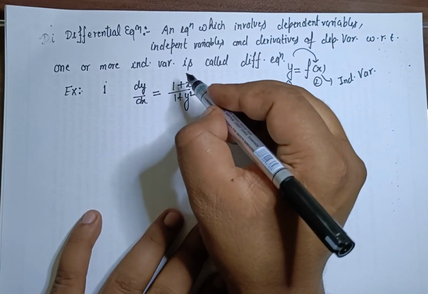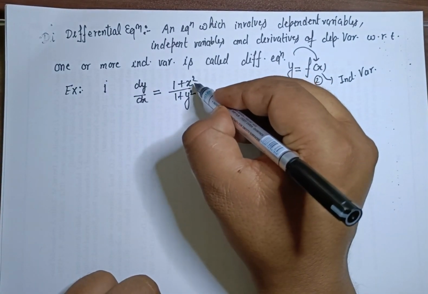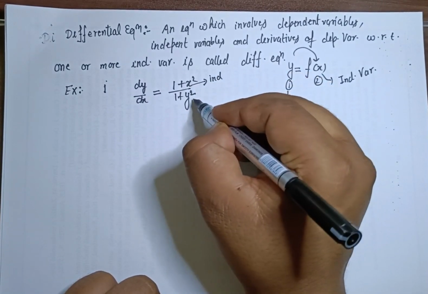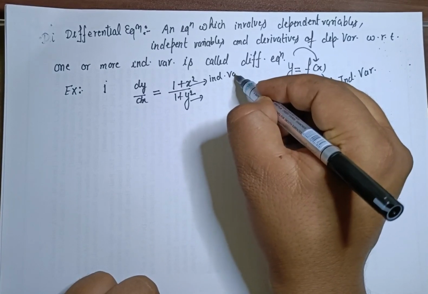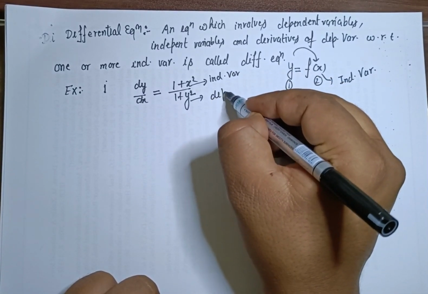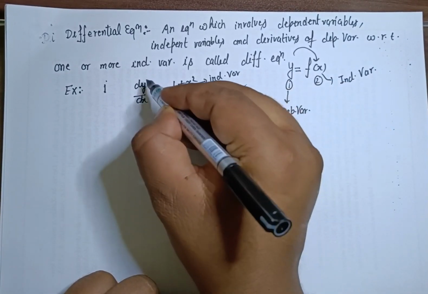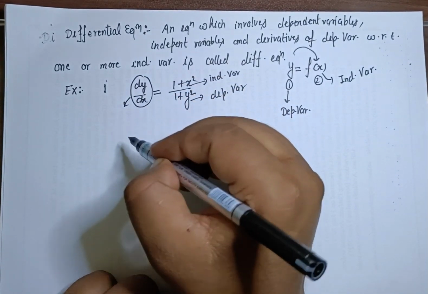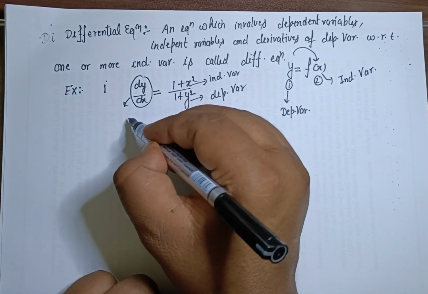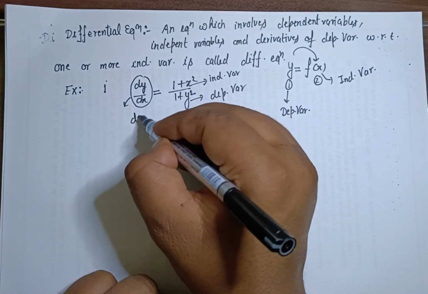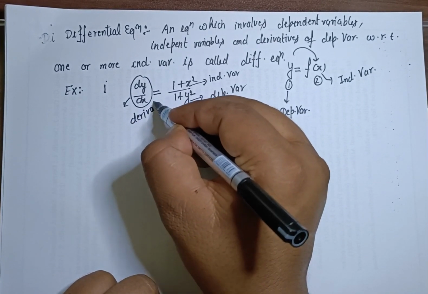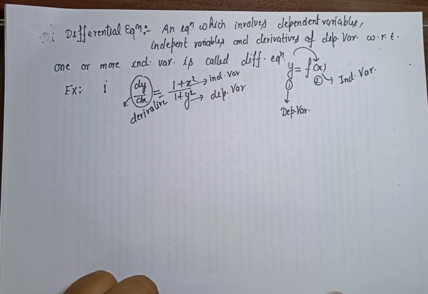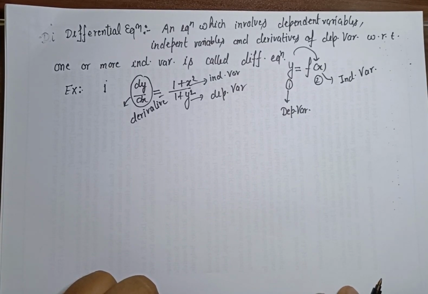In this example, obviously I have one independent variable and one dependent variable, and dy by dx is the derivative of the dependent variable with respect to the independent variable. So it is a very simple example.